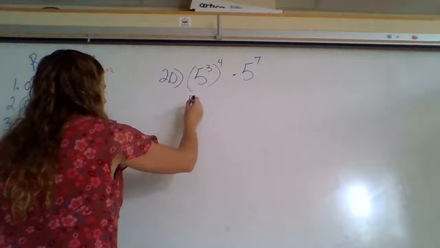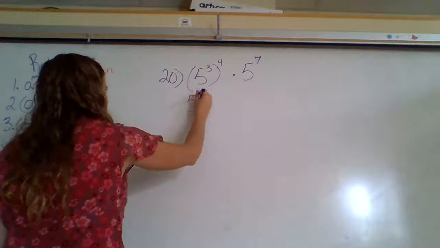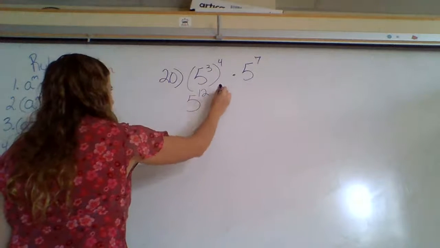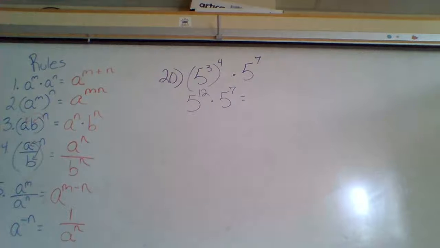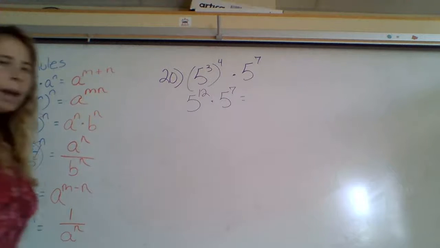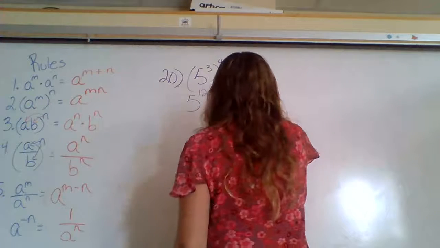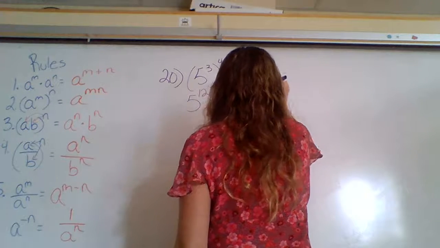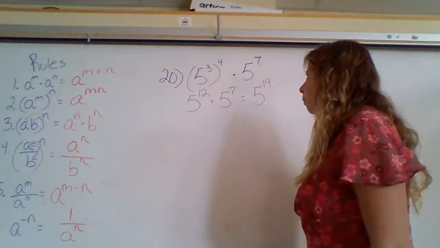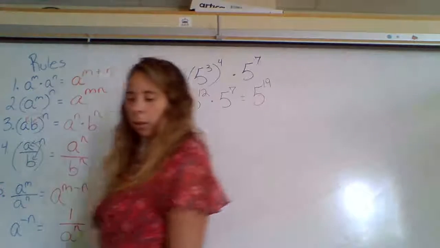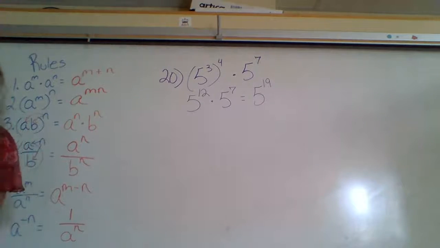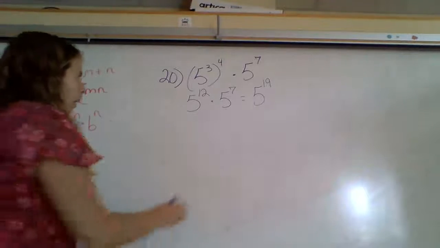So that turns into 5 to the, 3 times 4 is 12, times 5 to the 7th. If you're multiplying and they have the same base, you add them. So that's 5 to the 19th. So that would be your answer. Okay, do not turn it into a decimal. Leave it like that. That's your answer.